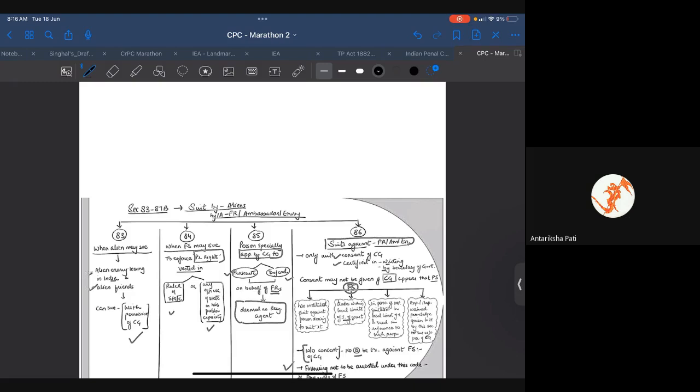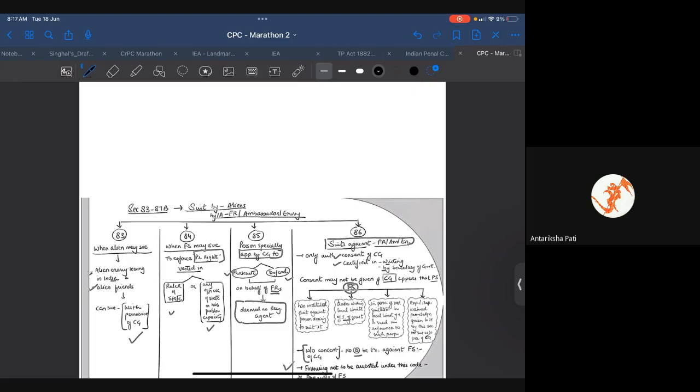Now, suits against a foreign ruler, envoys and ambassadors can be done only with the consent of the central government, once it is certified in writing by the secretary of the government.